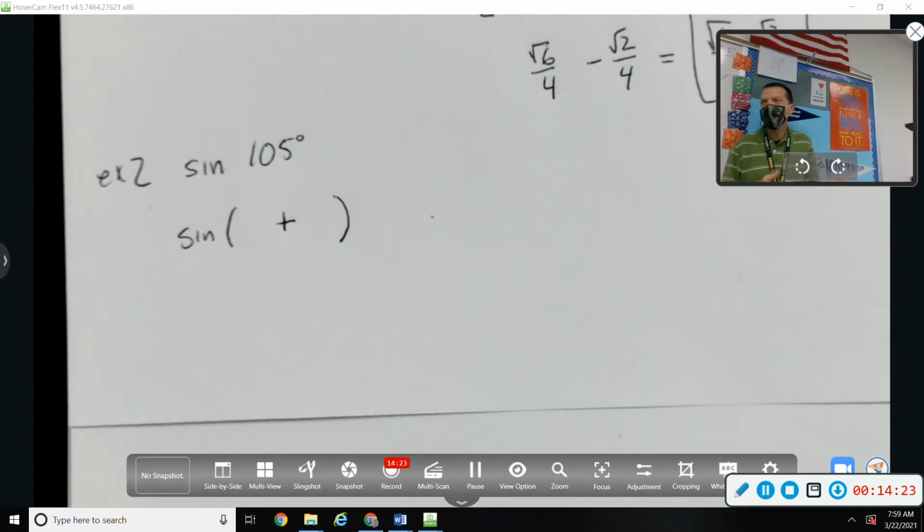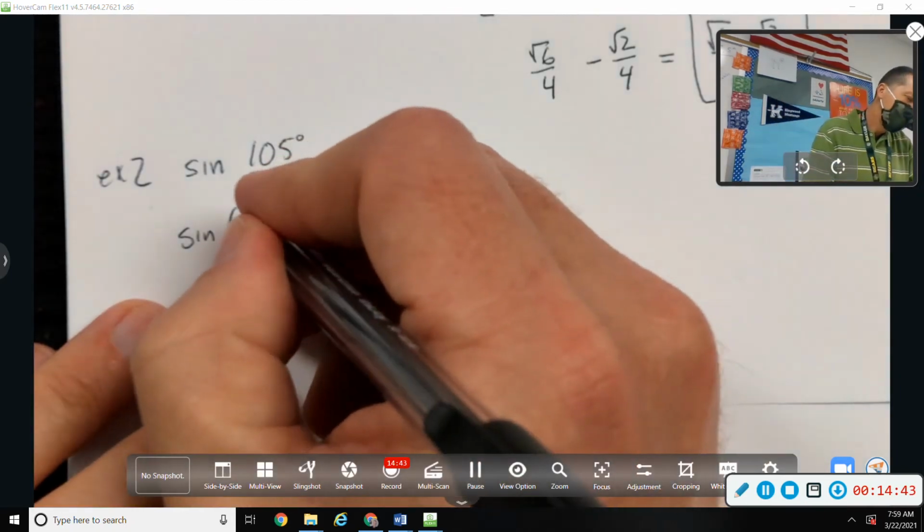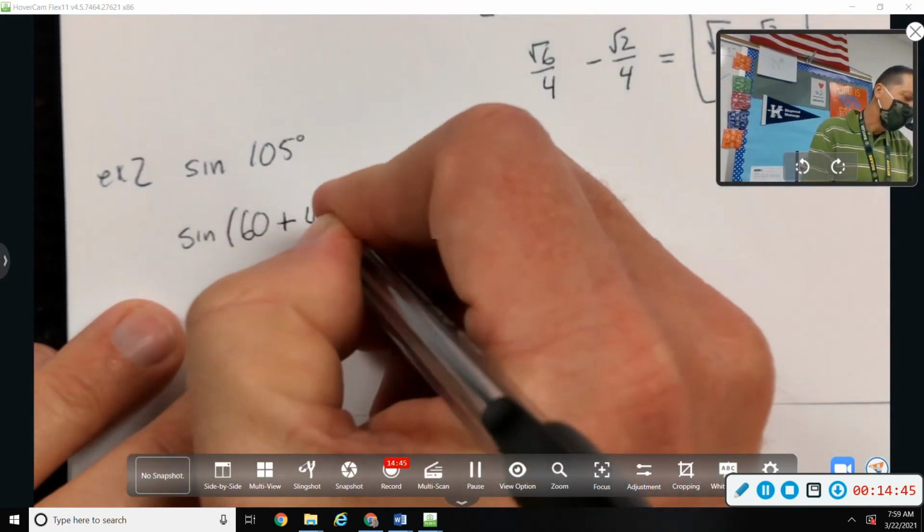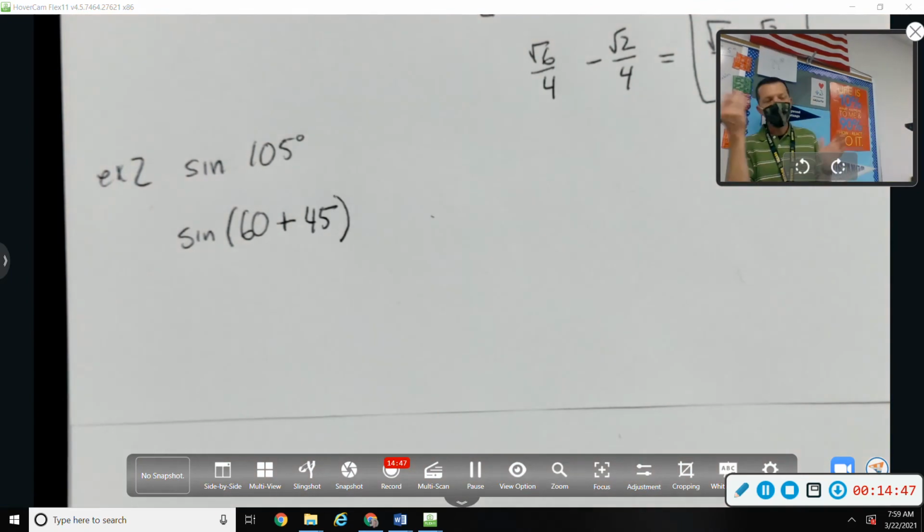There's a lot of ways to get to 105. 100 plus 5, 104 plus 1, 50 plus 55. Those all add to 105, but none of those are particularly helpful. So can you think of unit circle angles that would add to 105? What would that be? 60 and 45. And since it's adding, it shouldn't matter what order you put them in, so you could switch that order and be fine.